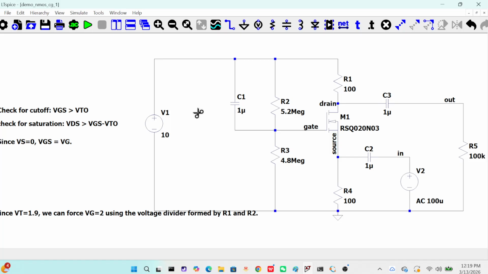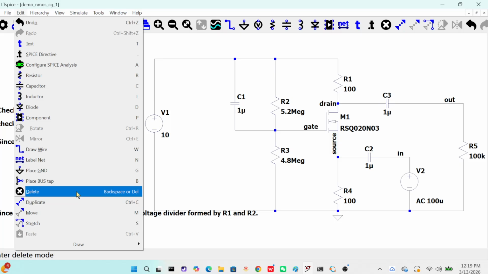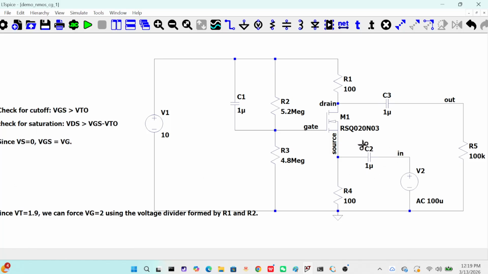What we are going to do now is convert this circuit into an oscillator. First, we are going to delete the input and delete the output.